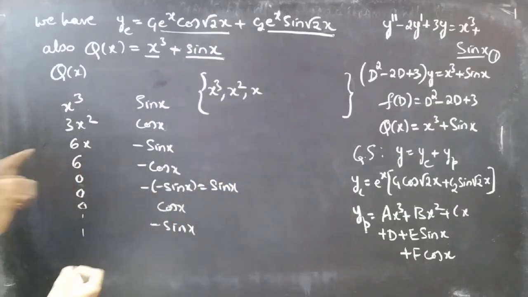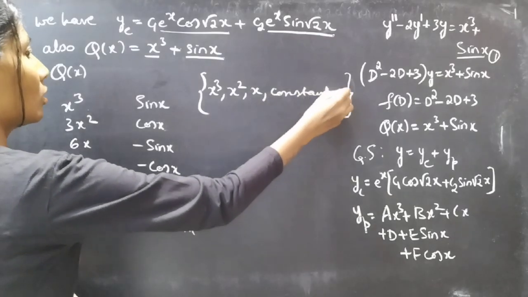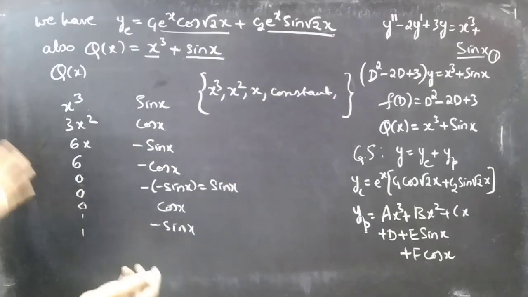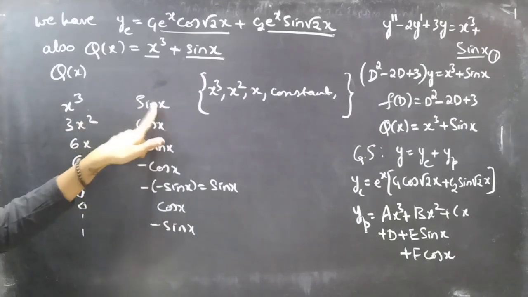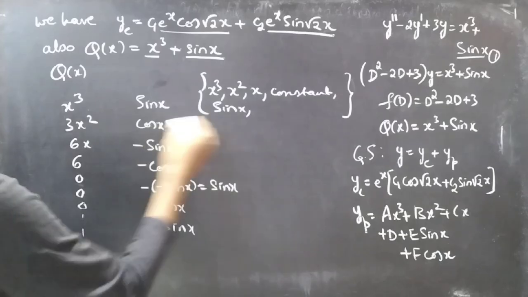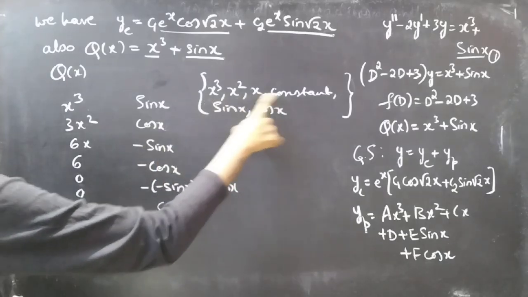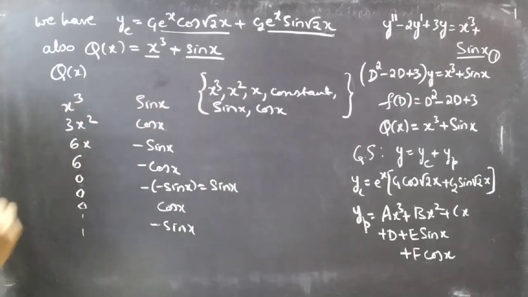Here it involves a constant, right? I'll write constant instead of 6. And no need to write 0, we wrote constant, right? Sin x, one cos x. So you're having x cube, x square, x, a constant, sin x and cos x, right?